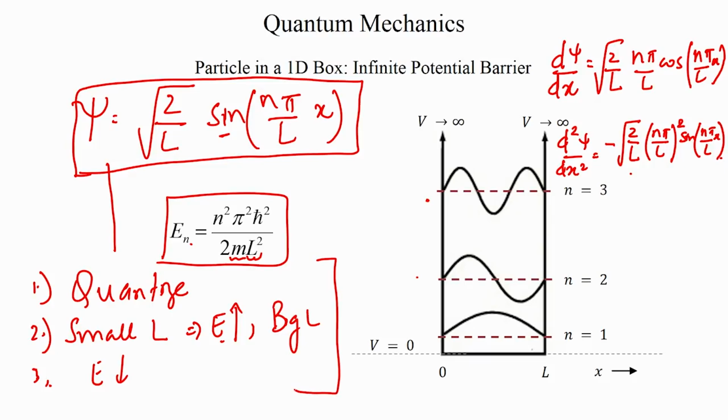But if I were to draw all the different energy levels, as it's shown here. So at n equal to 1, this was my wave function. At n equal to 2, that is my energy. At n equal to 3, there is another energy level, and so on and so forth.